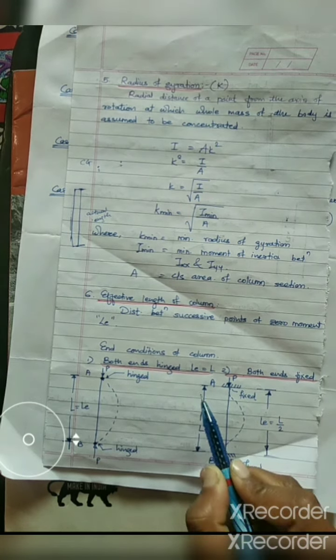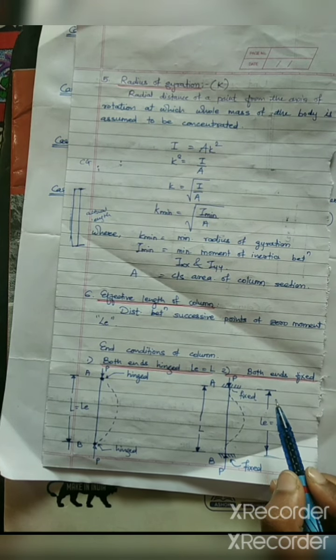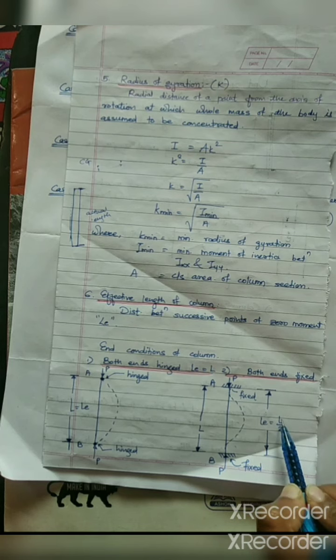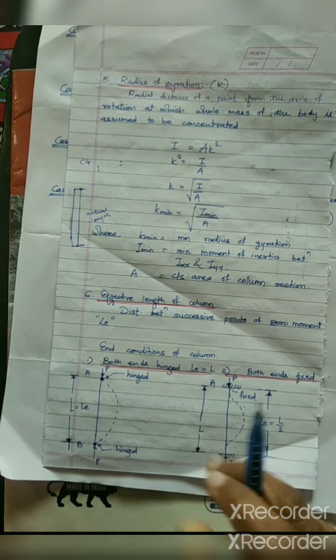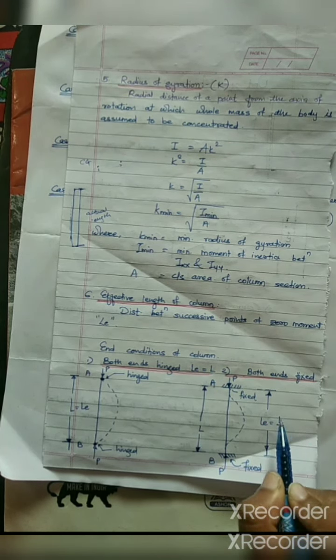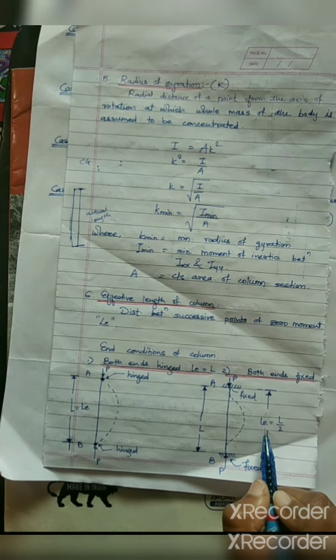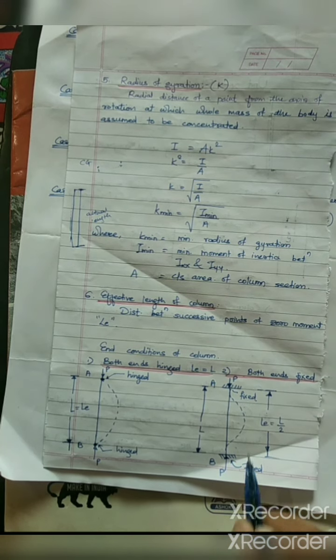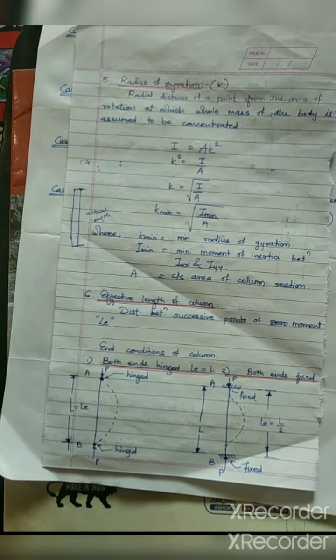If L is the actual length of the column, then your effective length will be equal to L by 2. That means half of the actual length you have to take as the effective length for the analysis or design of the column, or to calculate the critical load of the column.